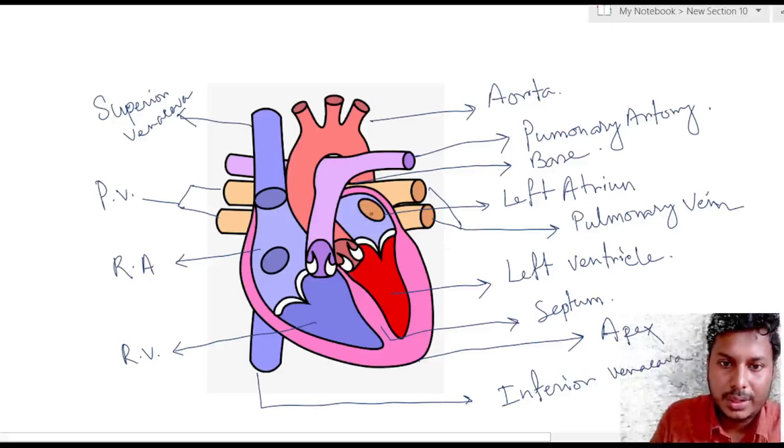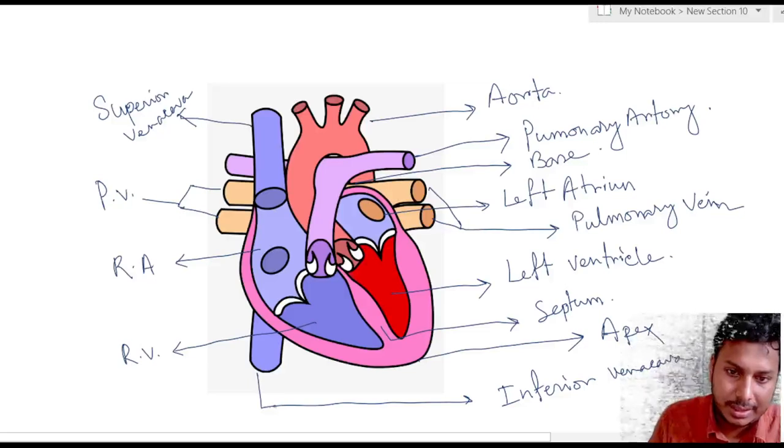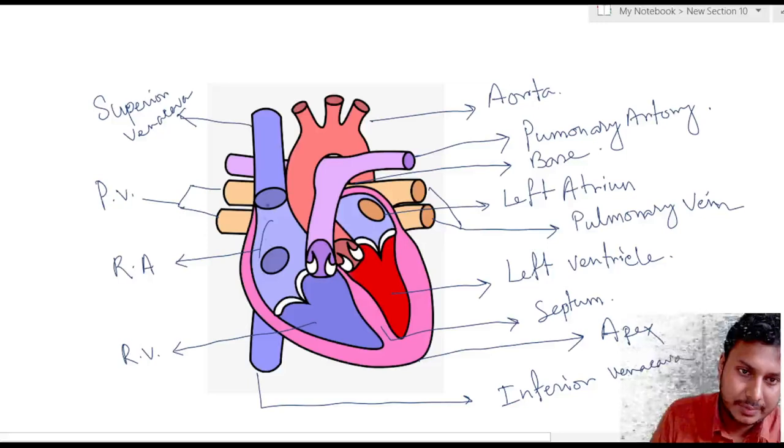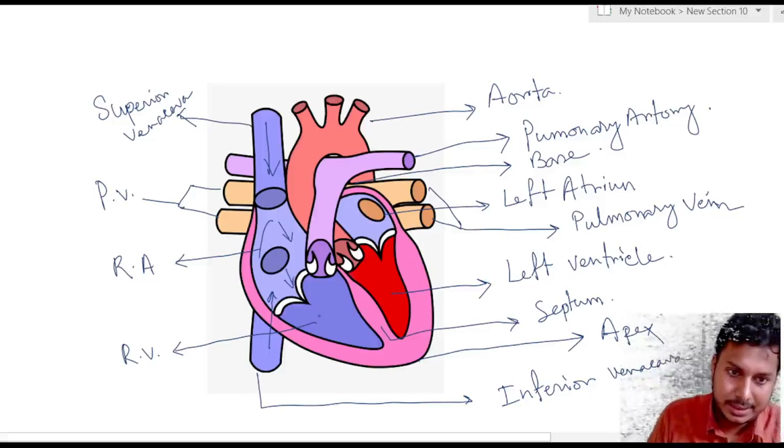So at first, what happens? Deoxygenated blood from the inferior vena cava and superior vena cava comes to the right atrium. From this side and this side, blood comes, and then goes to the right ventricle.